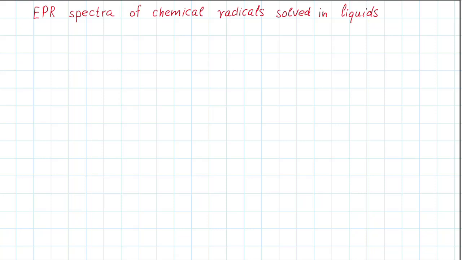Here, I want to focus on some basic characteristics of spectra of free chemical radicals experiencing fast random translational and rotational motion in liquids. To be more clear about which system I am talking about, I will give you two examples.